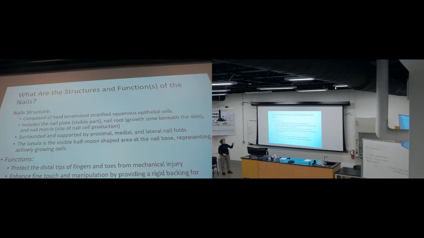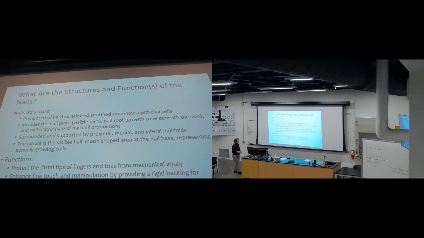And that's where we have, in the root, the cells that make our nails grow. And then the matrix will be similar to the hair root matrix. They have cells that are undergoing mitosis so that we have growth of our nails.